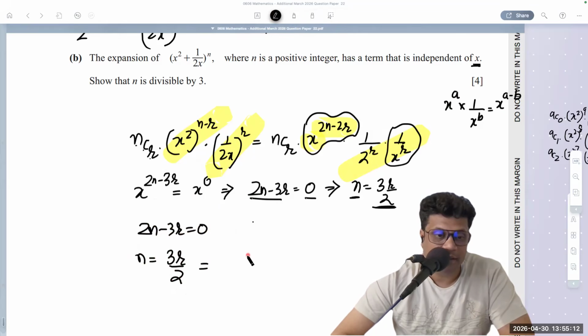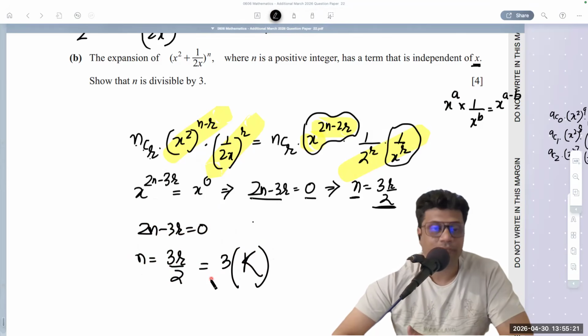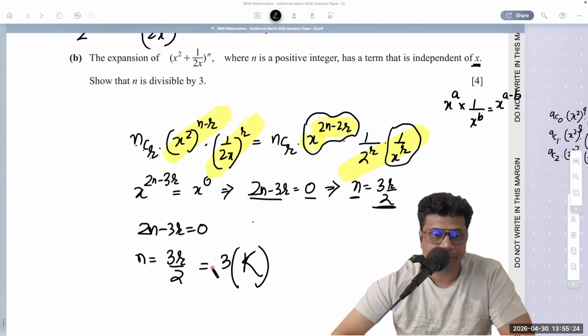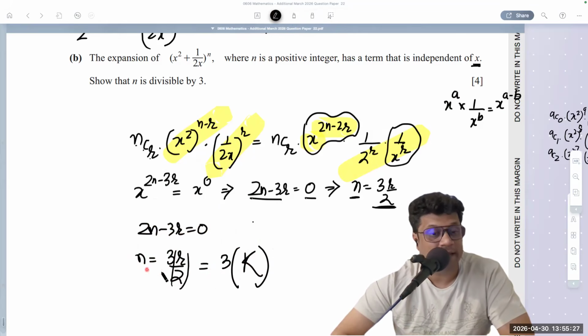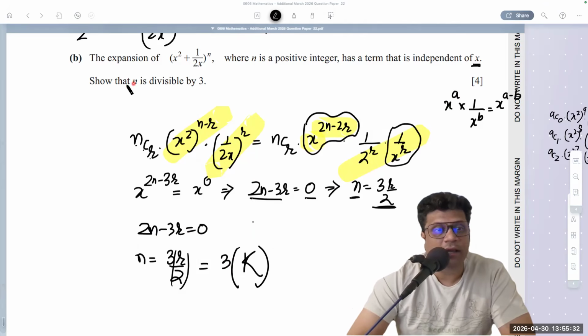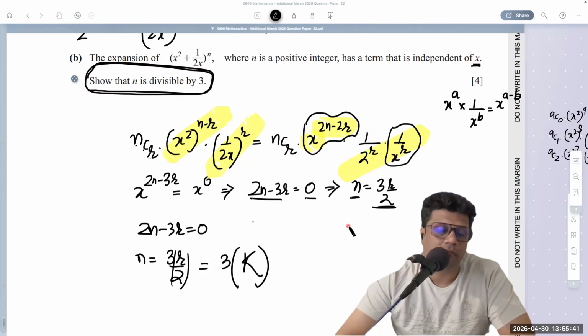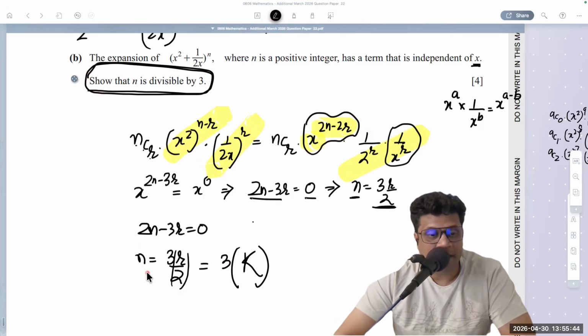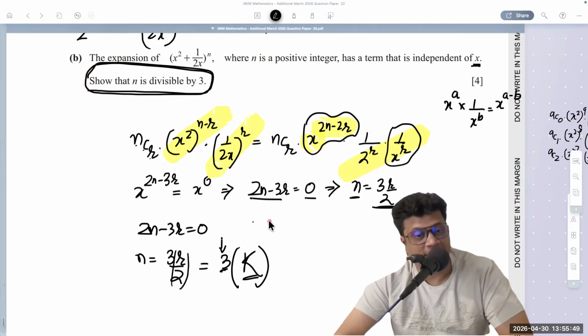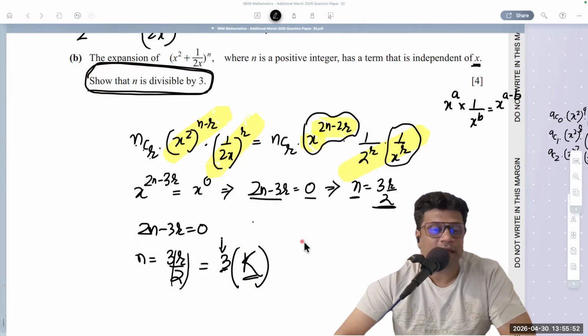Well, don't you see that n is 3 multiplied by some number, r by 2? That's what it is. n is 3 multiplied by r by 2. And what they wanted is for me to show that n is divisible by 3. If n is equal to 3 times something, then 3 is definitely a factor of n, which means n is divisible by 3.